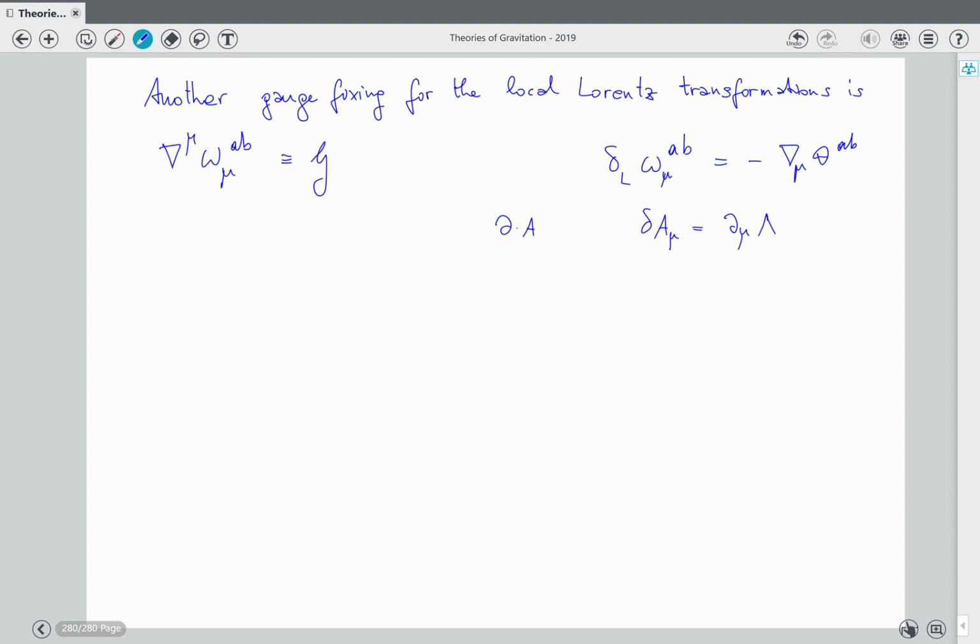So that would be our G Lorentz AB. And it does not break diffeomorphisms. This breaks only Lorentz. So this is the advantage. It does not break diffeomorphisms.